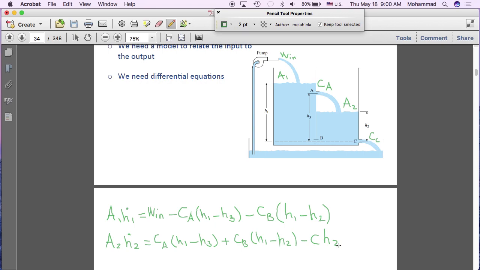That there would be fluid leaving the first tank only if H1 is more than H3 and H2 at the same time should not be more than H3. If the reverse happens, then we have to consider the relative levels of H1 and H2. So I'll give you 30 seconds. Please think about it. How can we mathematically capture that?